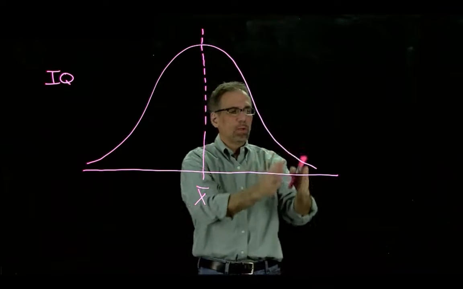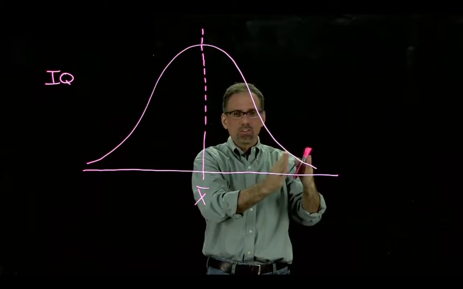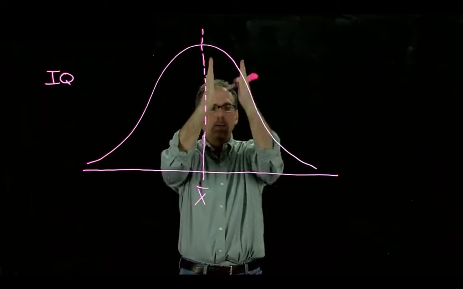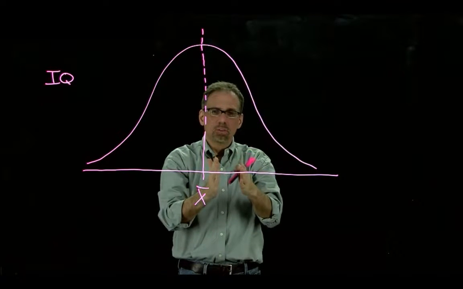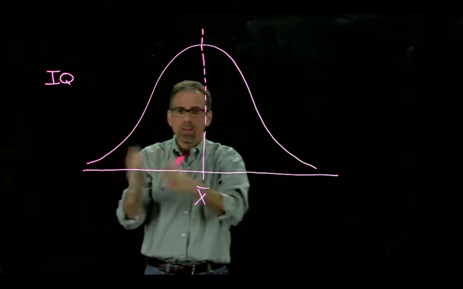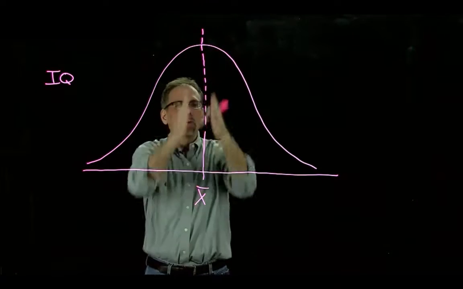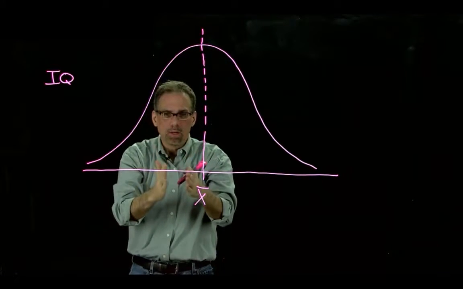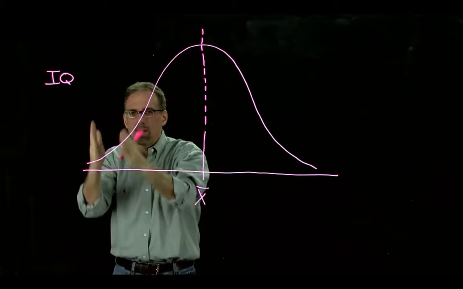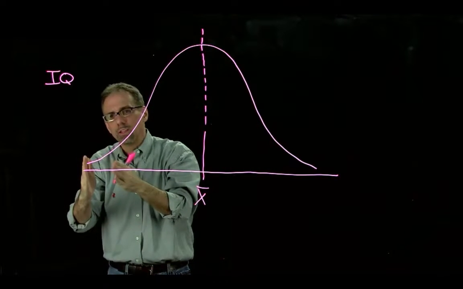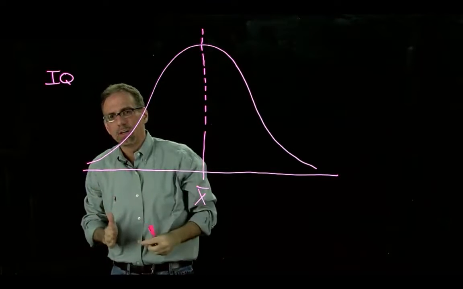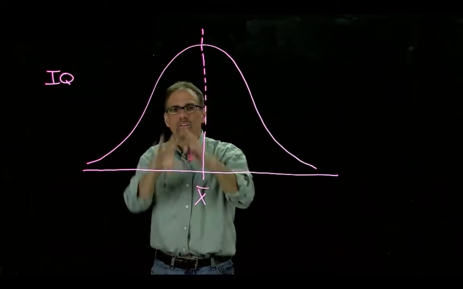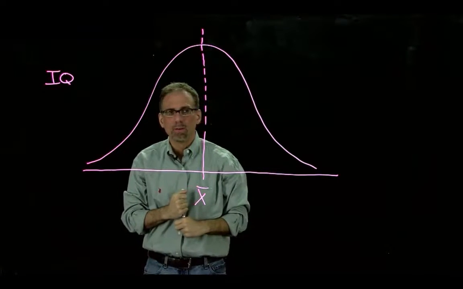So there's a lot fewer people who have these really super high IQs than there are people who are fairly close to the mean. Same thing on the low end. We have a lot of people right here in the middle. We have quite a few people here, but as we get lower and lower, there's very few people who have these really low IQs down here. That's how things are distributed in a normal curve.